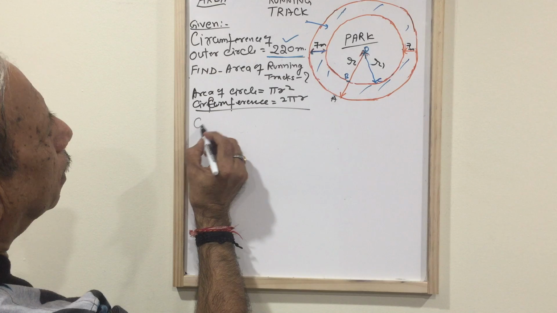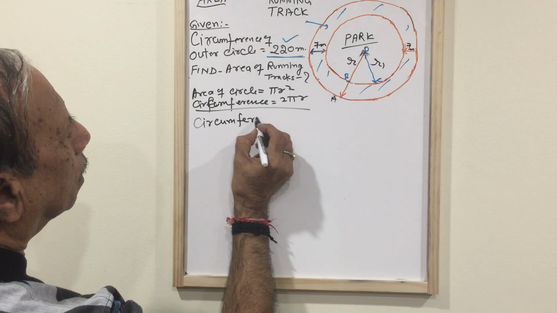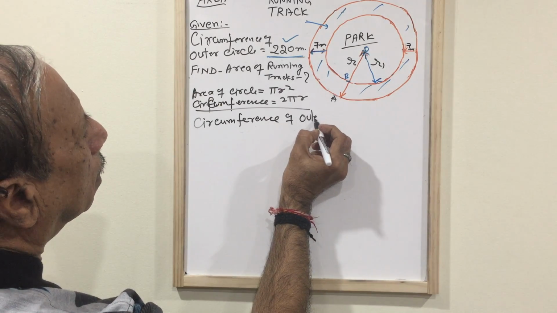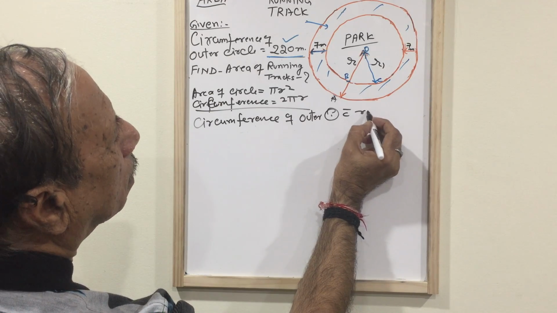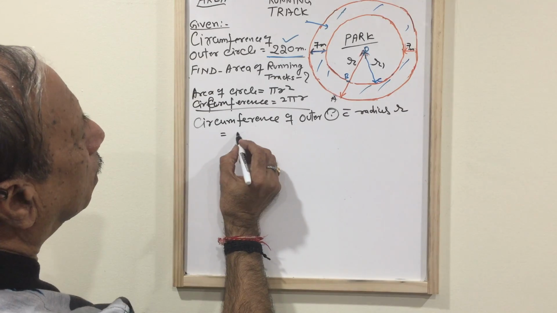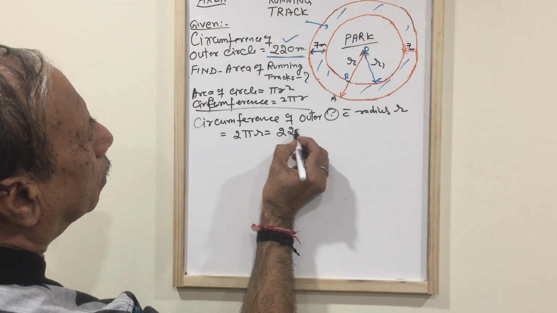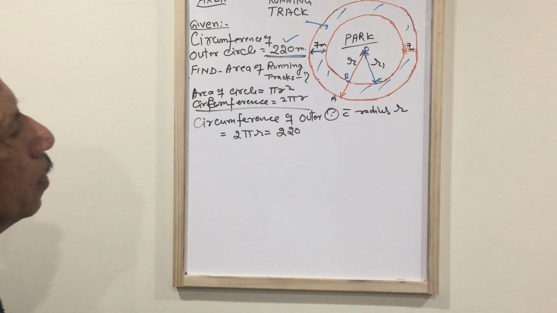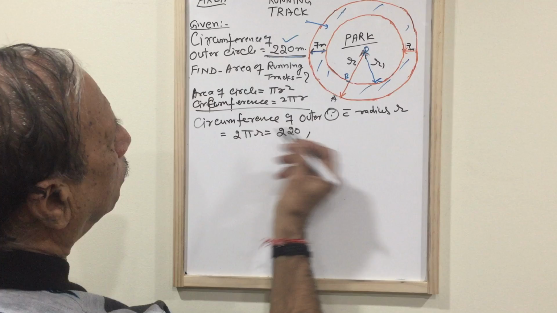So we'll write the circumference of the outer circle with radius r: 2 pi r is equal to 220. It is given. From here we have to find out the value of r.